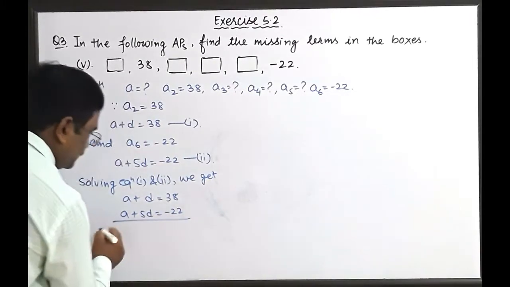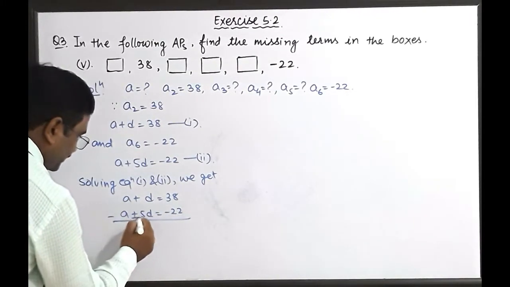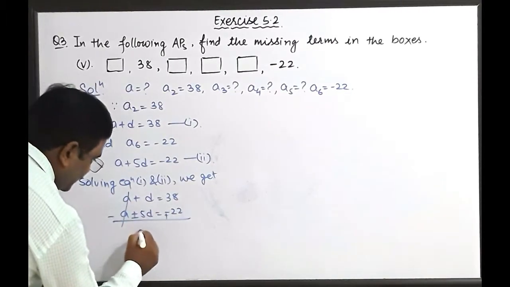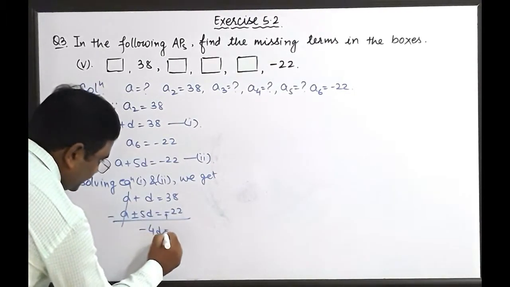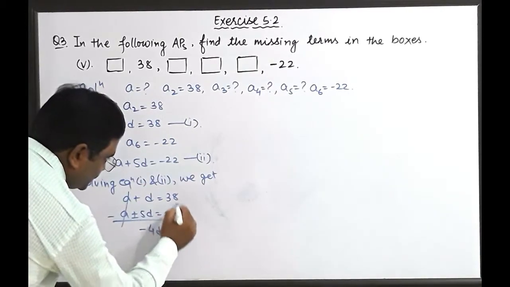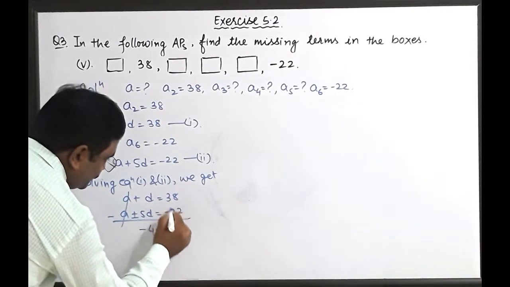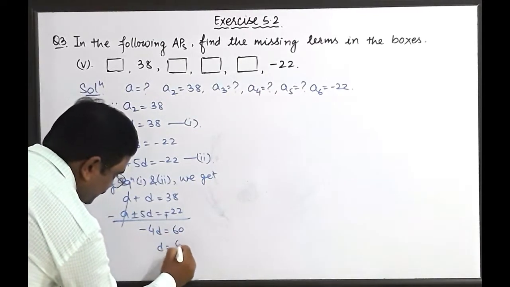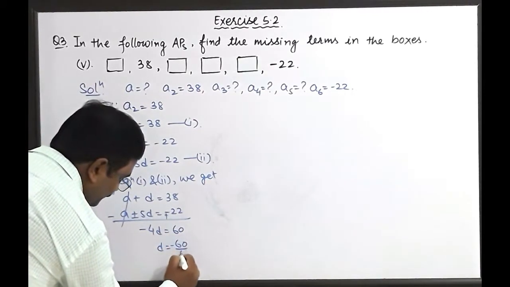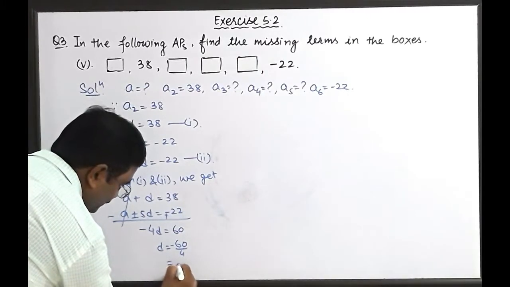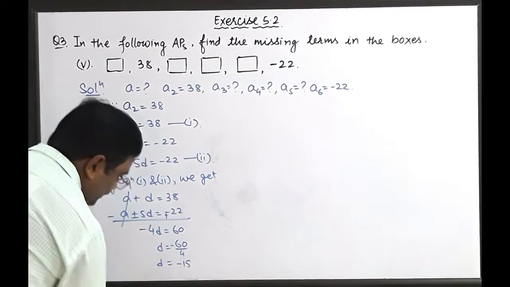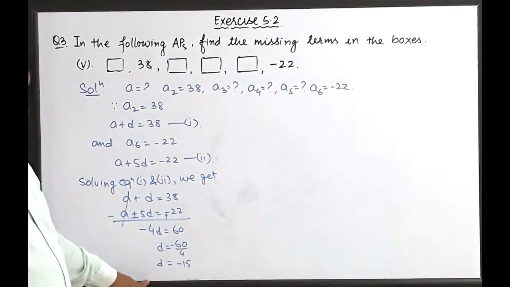Solve करते हैं इसको और subtract करते हैं. So A is cancelled. Minus 4D is equal to plus 60. So D is equal to minus 60 upon 4, which is equal to minus 15. This is the common difference.